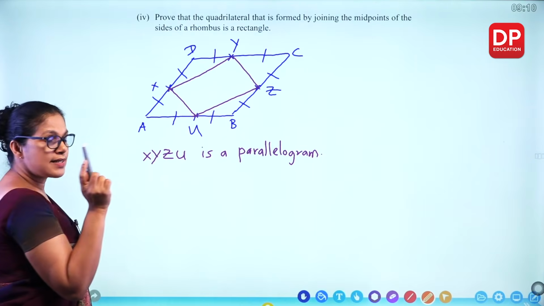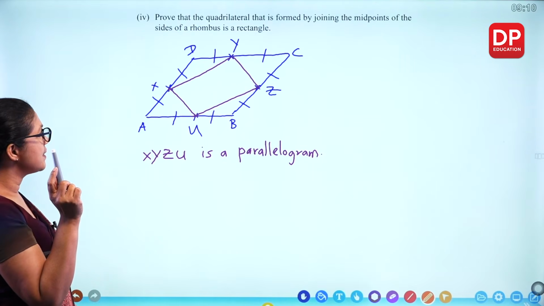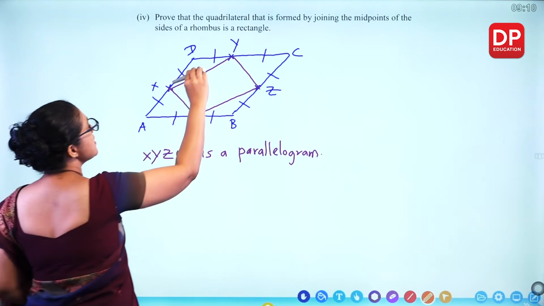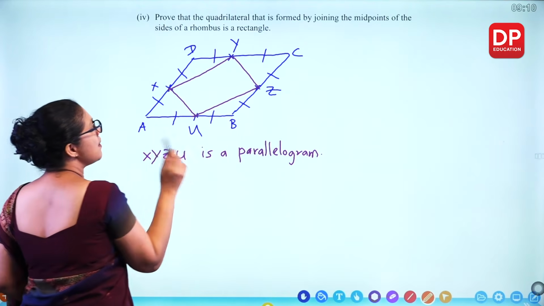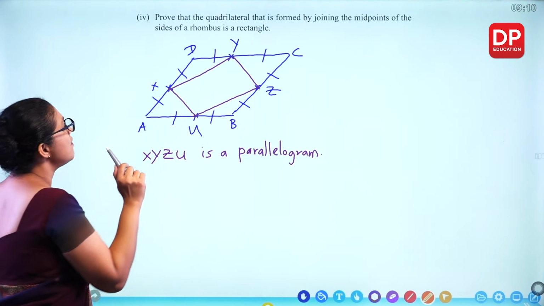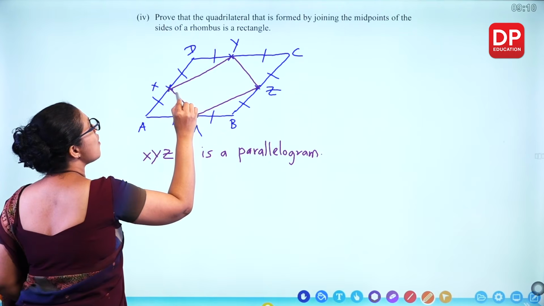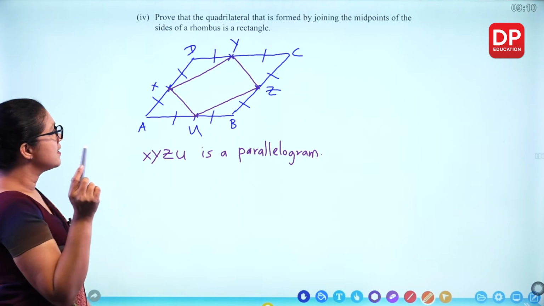If this is a rectangle, we need to show that opposite sides are equal and parallel, that's a parallelogram, and we have to show that these all are 90 degrees.